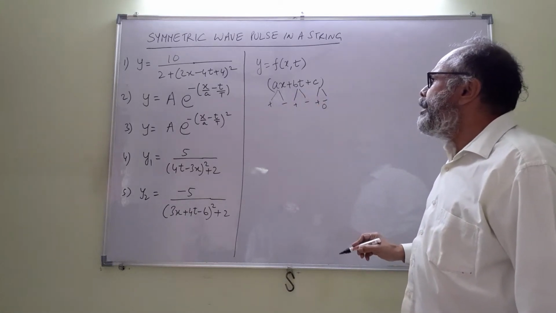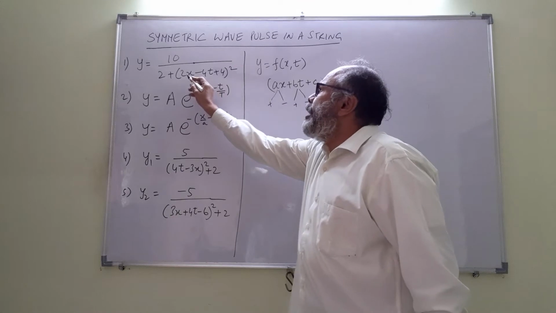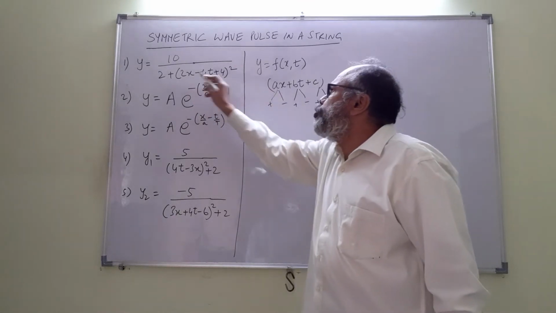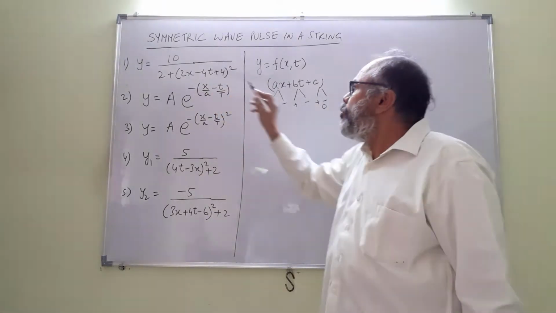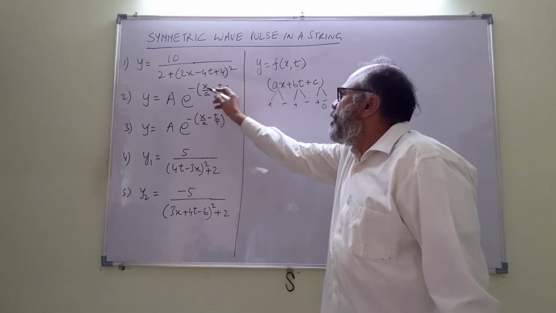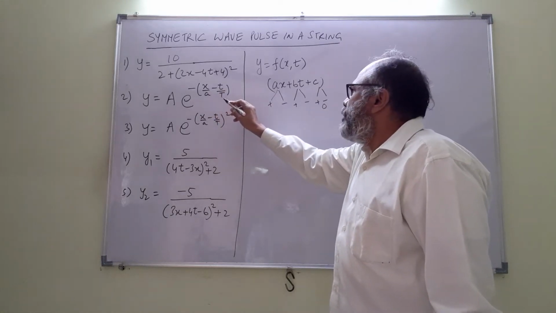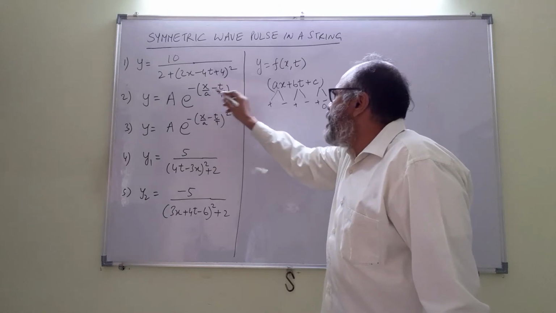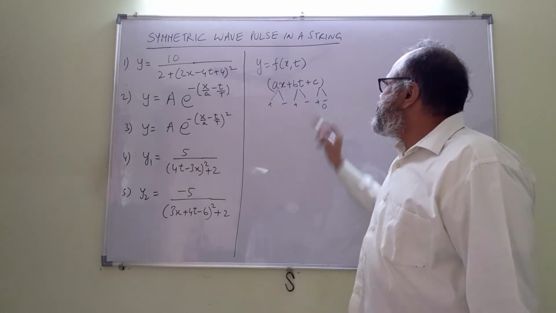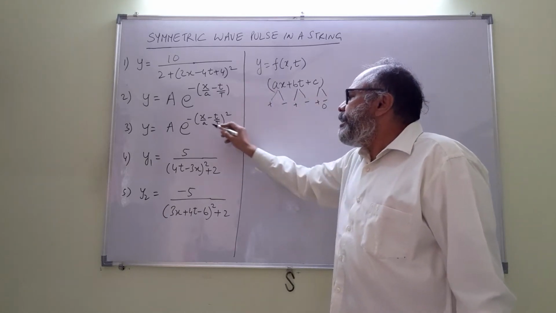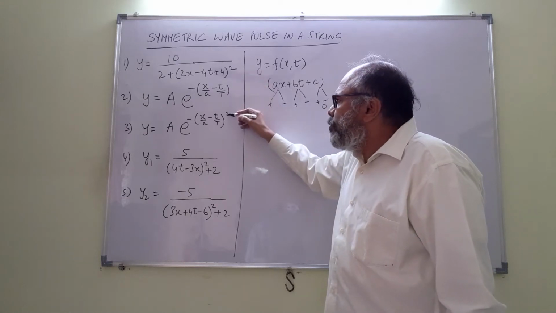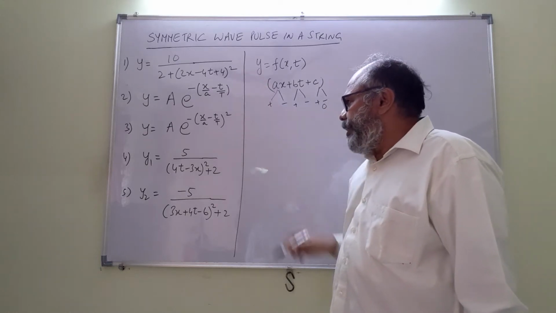Yes, and if you see here, you find 2x minus 4t plus 4. So a is 2, b is minus 4, c is 4. Here if you compare this, you will have a as 1 by a and b as minus 1 by T, c is 0. Here again it is the same thing, except that here there is no square, but this power itself is squared.